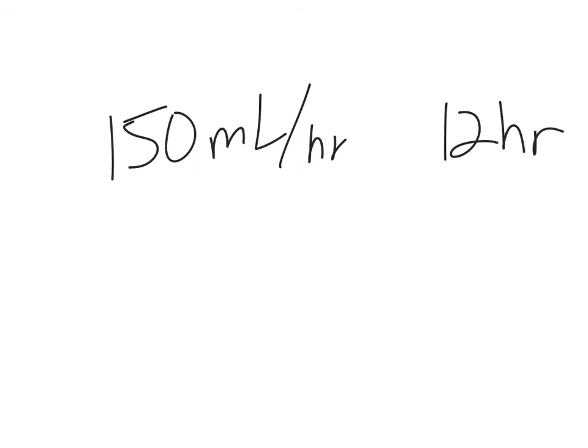From this, I should be able to figure out the total volume that they're going to receive by taking 150 times 12. All I'm doing is multiplying these two numbers, and they're going to receive a total volume of 1,800 milliliters. So if you're asked for total volume, multiply. A little bit different than our other formulas there.